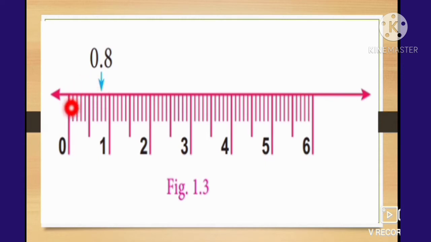So here 0, and the next lines are 0.1, 0.2, 0.3, 0.4 and 0.5, and then 0.6, 0.7, 0.8. So 0.8 lies here. So mark 0.8 here on a number line.